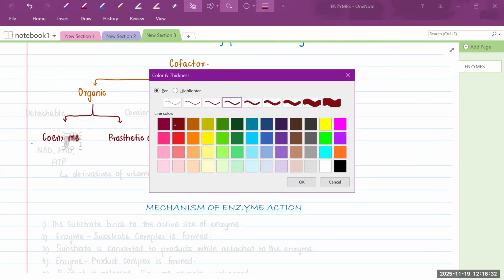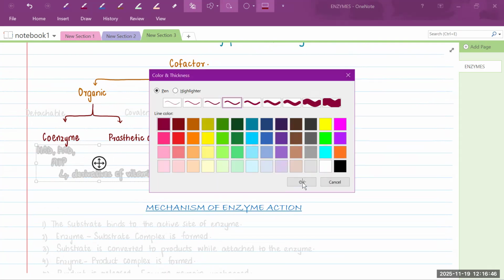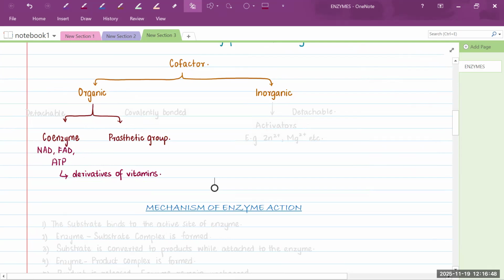Most of you who are from A levels know what coenzymes are. Examples of coenzymes include NAD, FAD, and ATP. Also, we need to remember that they're derivatives of vitamins.